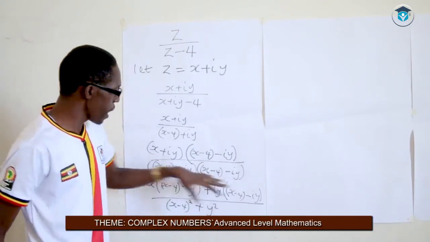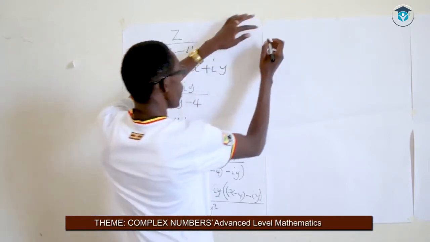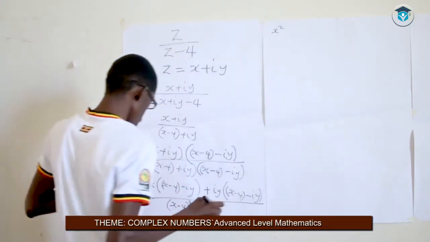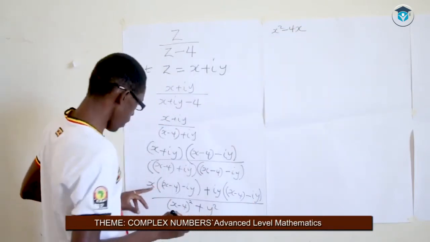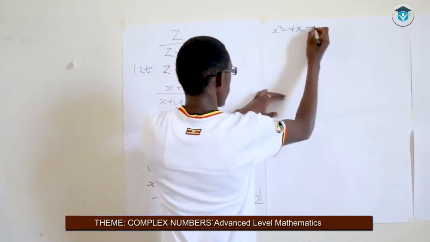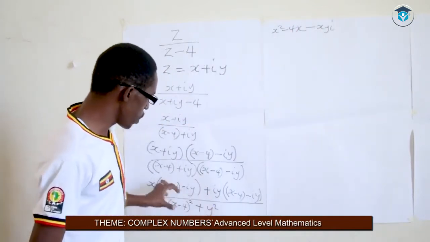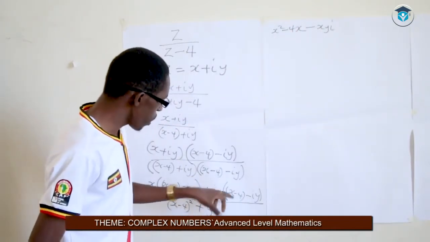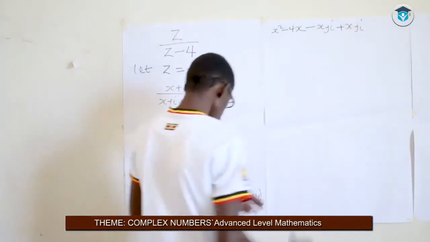Then when we open up the numerator, x times x gives x squared. X times negative 4 gives minus 4x. Then x times this gives minus xyi. Now we finish this and go to the next bracket. Iy times x gives plus xyi.